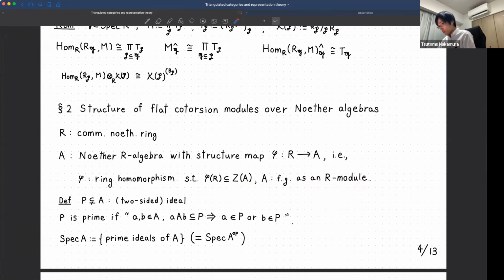I should recall the definition of prime ideals in the non-commutative context.